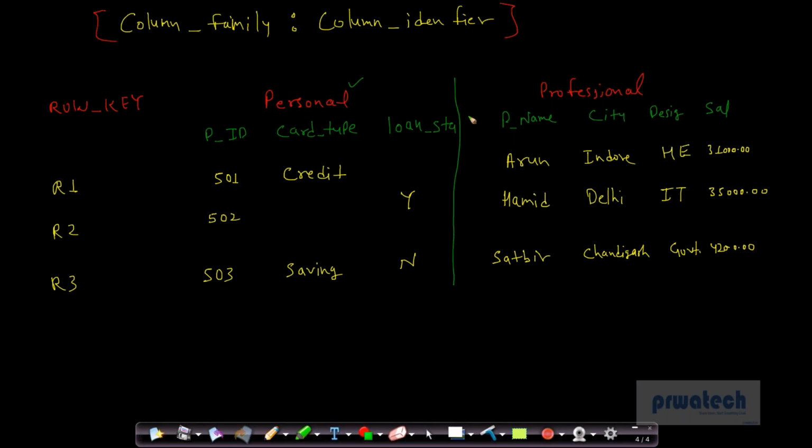We have name, city, designation, salary, and we know their mobile number, contact detail. This is my mobile number column identifier. I'll write it as mob, and I'll say plus 27, some number. So you are creating a column identifier at runtime for the third person.